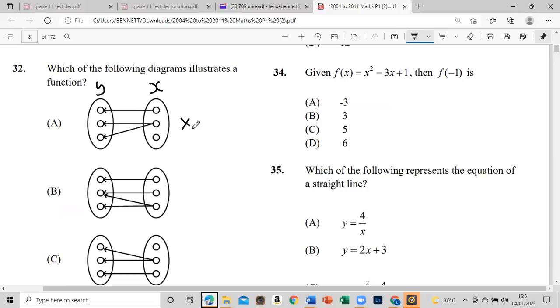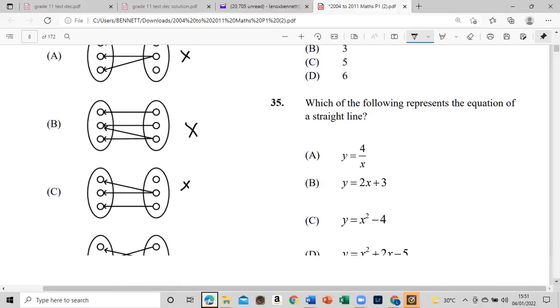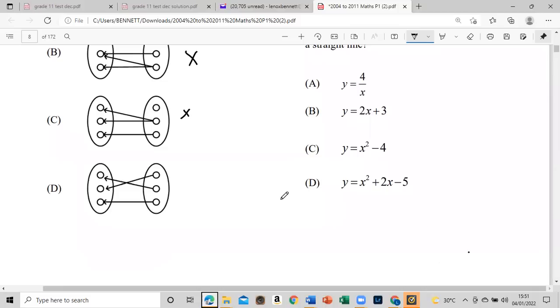So this one can't work either. Not if you have to see D, it has to be D. Alright. And that's the definition of a function, 1 x to 1 y.